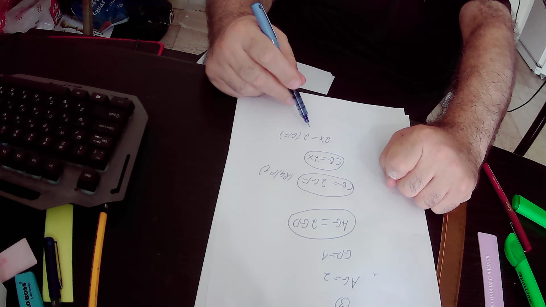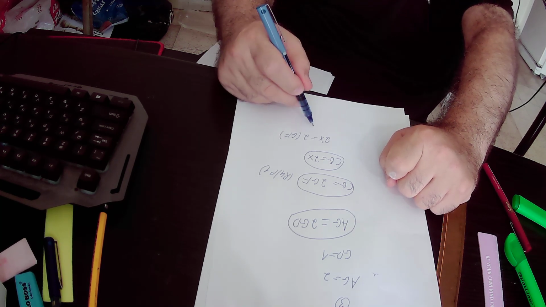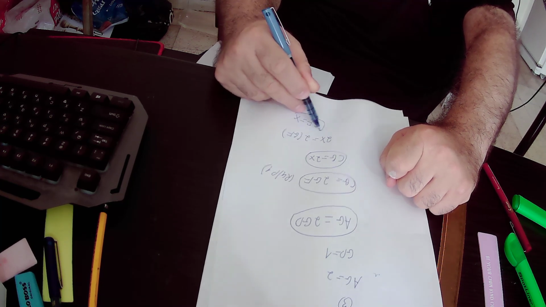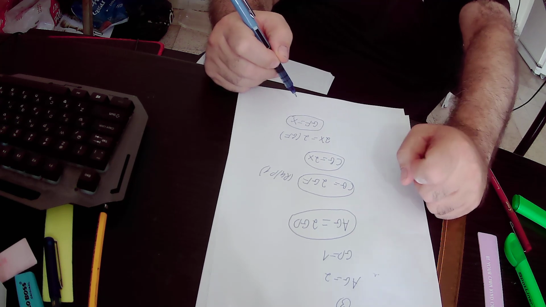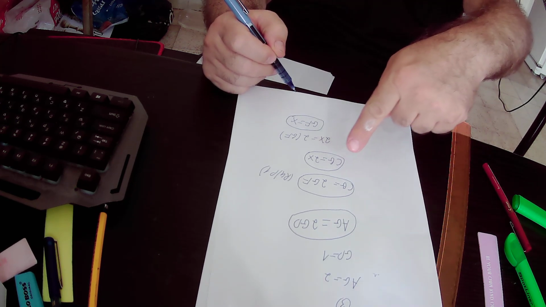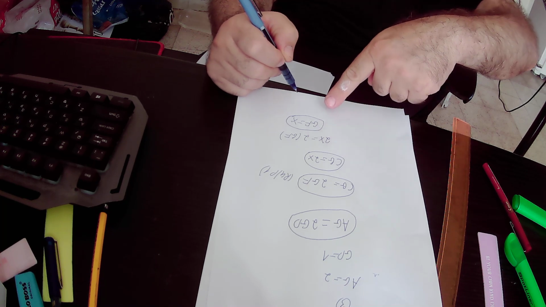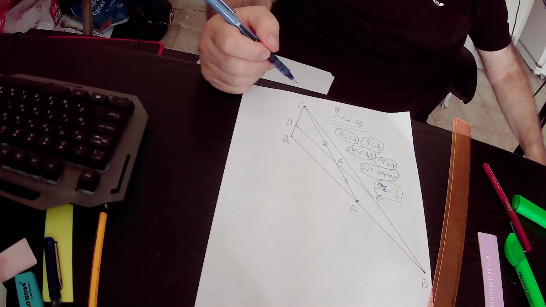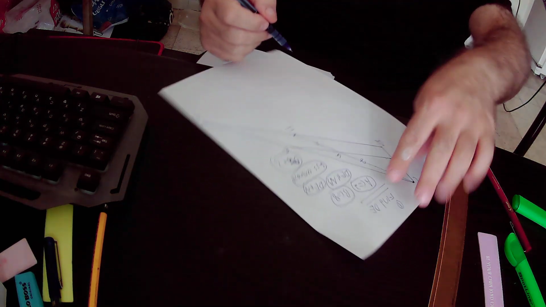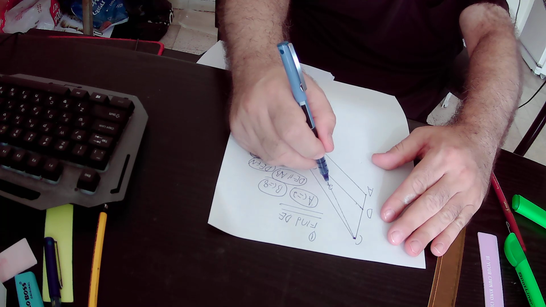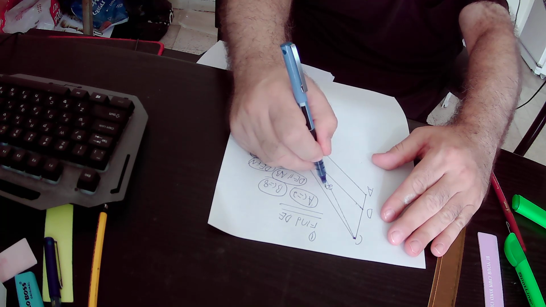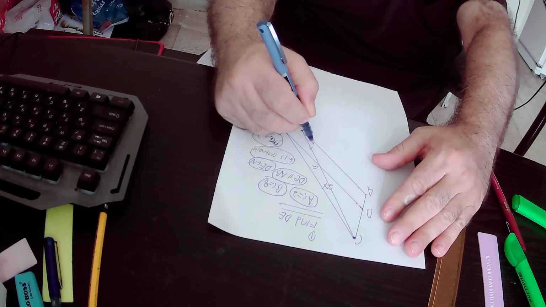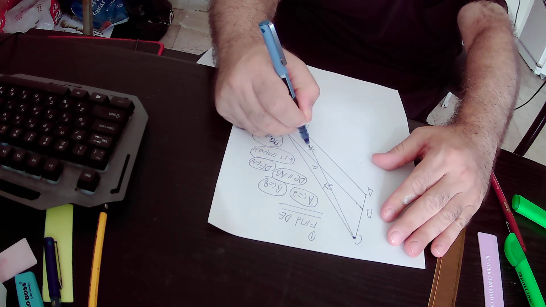Then we divide this equality by 2, and we get that GF equals x. So we found out that if CG equals 2x, then GF will be equal to x.